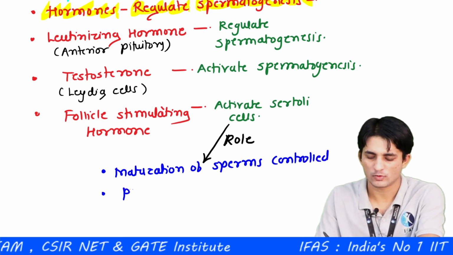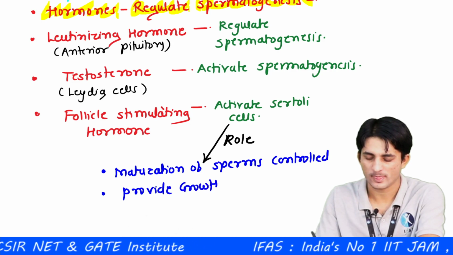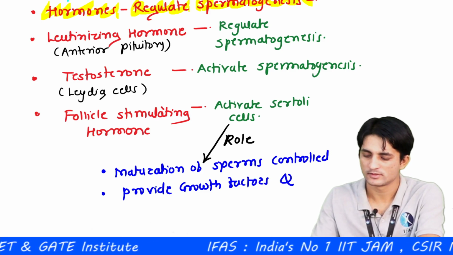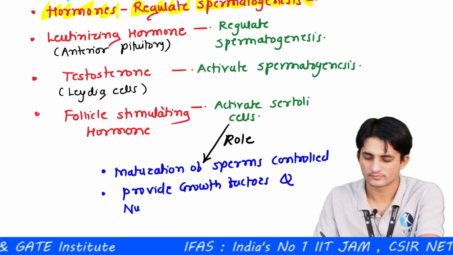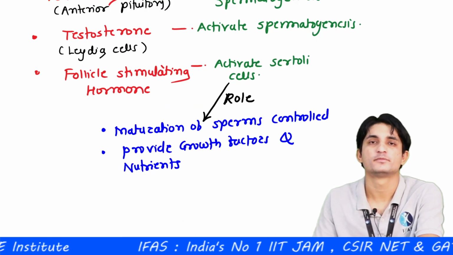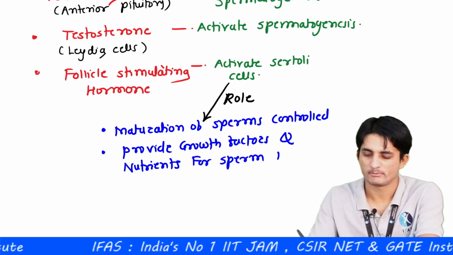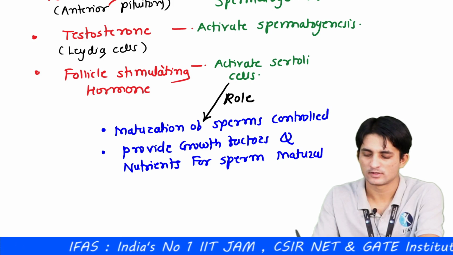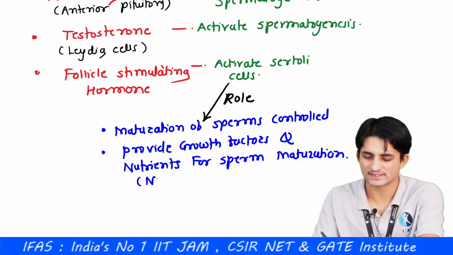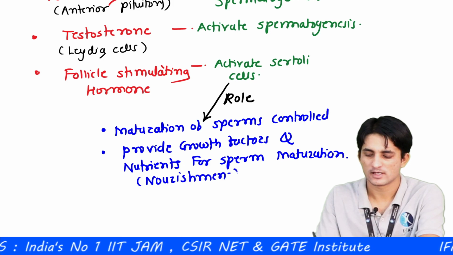Second, they provide growth factors and nutrients for maturation of sperm. So they play a major role in providing nourishment. In simple terms, nourishment is provided by the Sertoli cells.